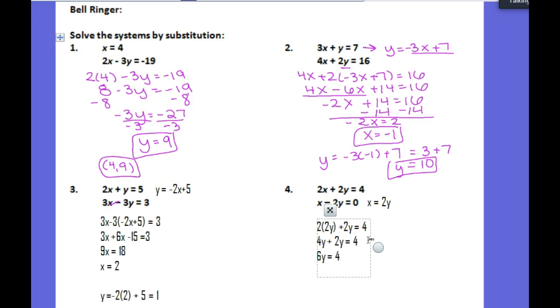Dividing both sides by 6, you get y equals 4/6. But that is the same as 2/3. So then you would take that value and plug it back in over here. And we got x equals 2 times 2/3, which is 4/3.